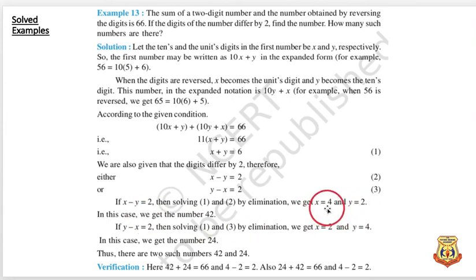If I put this in, we get 42. And when y minus x is equal to 2, we get x value 2 and y value 4. So we get the number 24. Simply put it in and you will get the value. Thus, there are two such numbers, 42 and 24.